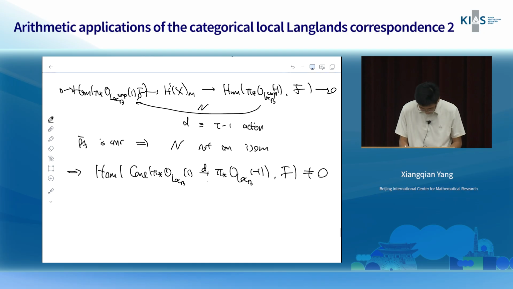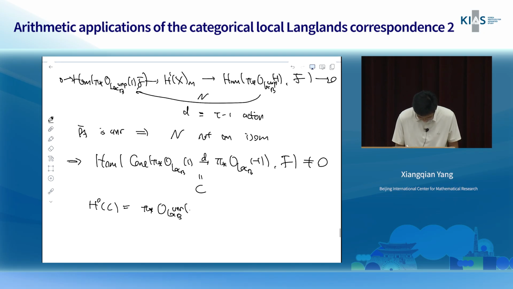And then if you compute the cone, this is a two-term complex. Maybe we call this C. H0 of C is given by pi star of O log B ramified, shifted by minus 1.